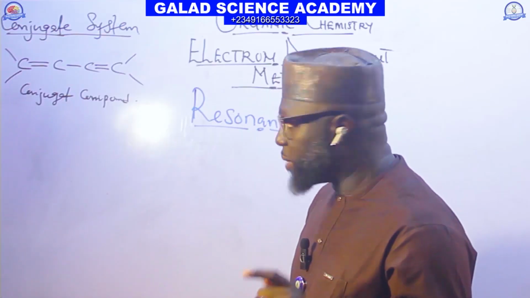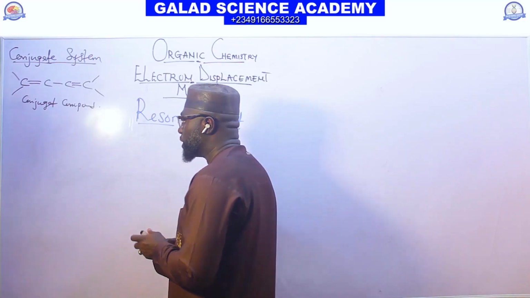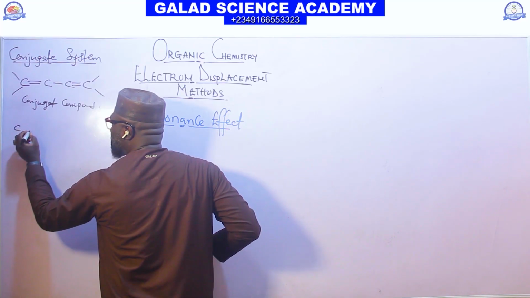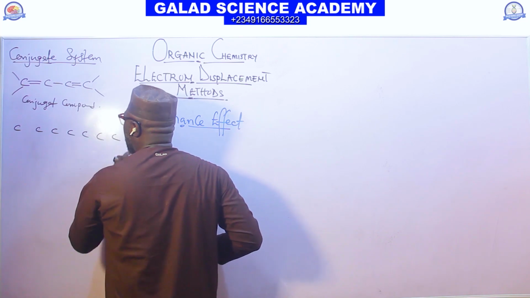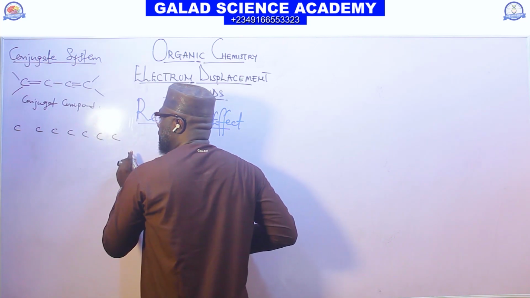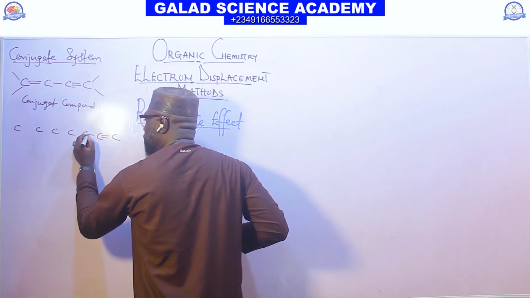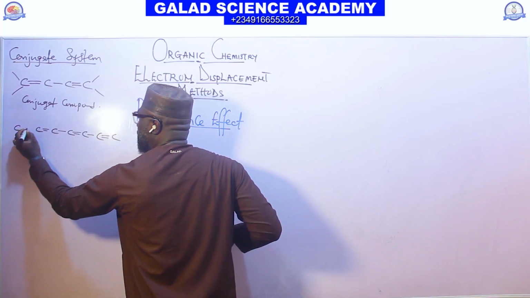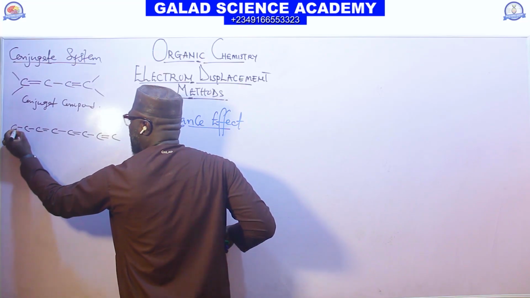Let me give another example of a conjugate compound. If you have a compound like this, carbon, carbon, carbon, carbon, carbon, carbon, carbon, and this place is double bond, single bond, double bond, single bond, double bond, we have single bond, we have double bond.